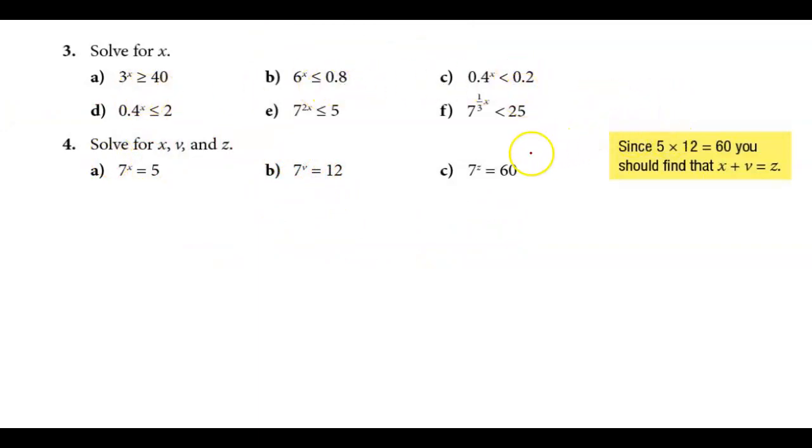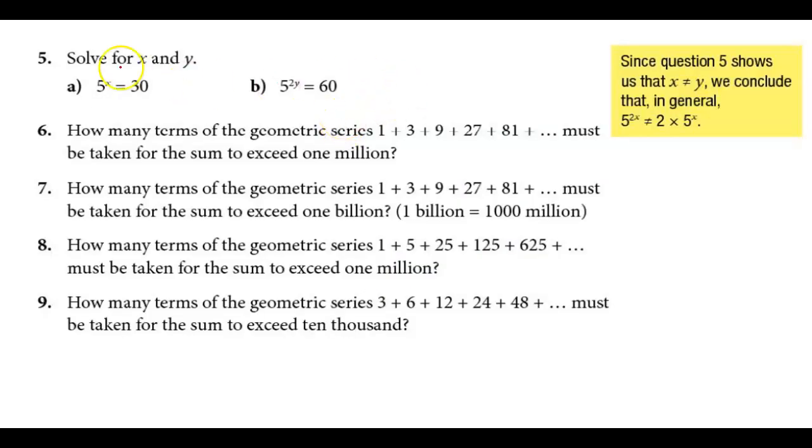fine. See now children, for this question, since 5 into 12 equals 60, you should find out that x plus y equals z. Try to solve this, you will be able to get it. Okay children. The next questions, 5th question, 6th question. This is again GP. What is the common ratio over here? 3 by 1 equals 9 by 3 equals 27 by 9 equals 81 by 27. Your answer is 3.